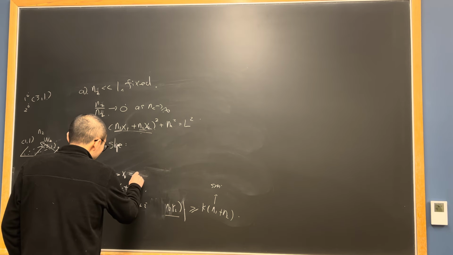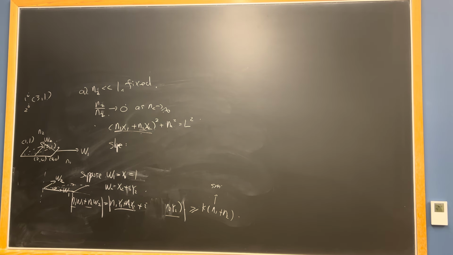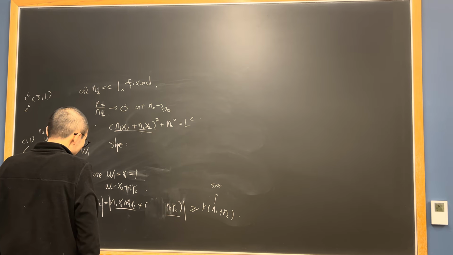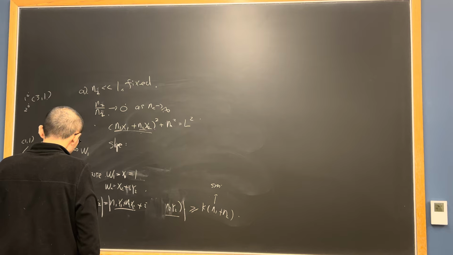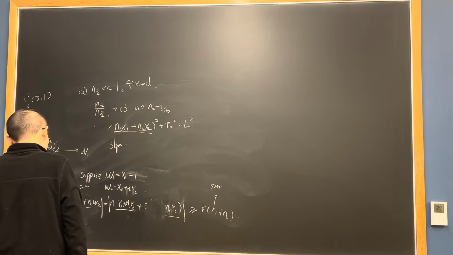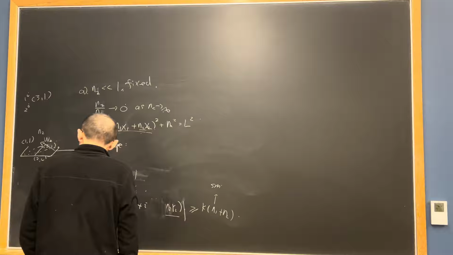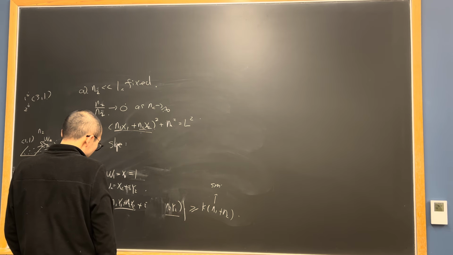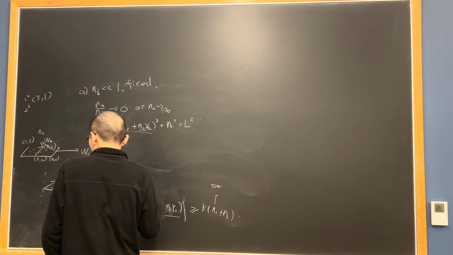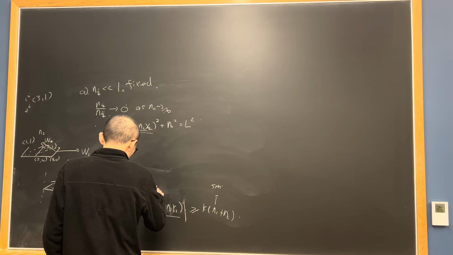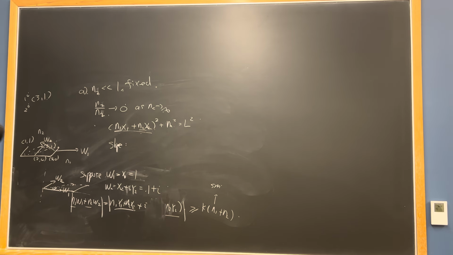Let us assume that this is equal to 1, and this omega 2 is equal to, let's say, 1 plus i. Let us just make this assumption.